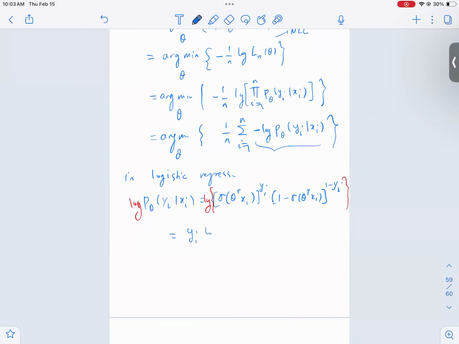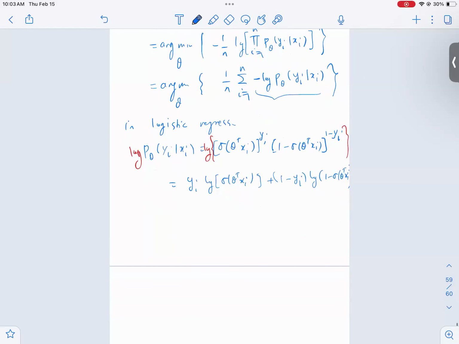So you get yi log sigma of theta transpose xi plus 1 minus yi log of 1 minus sigma of theta transpose xi. Okay. And then I can collect the terms that contain yi.